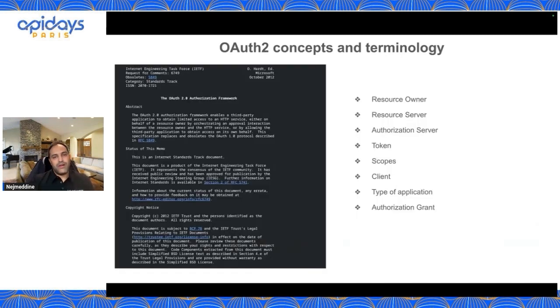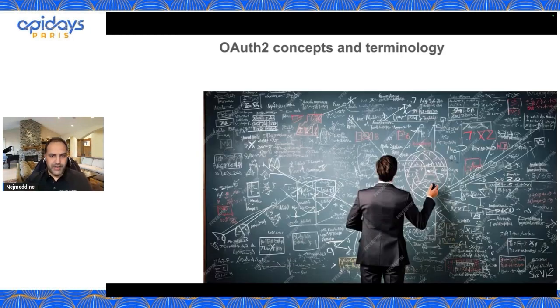I will not explain the spec line by line, but I will give you the most important things to keep in mind to make these concepts much simpler. I will try to explain the concept of the resource owner, the resource server, the authorization server, the token and scopes, the client, the type of application, and the different types of authorization grant.